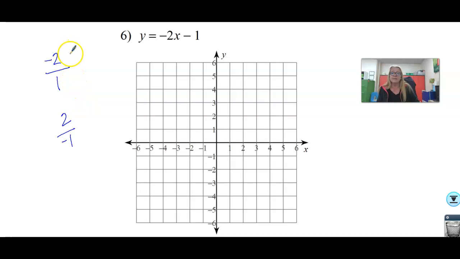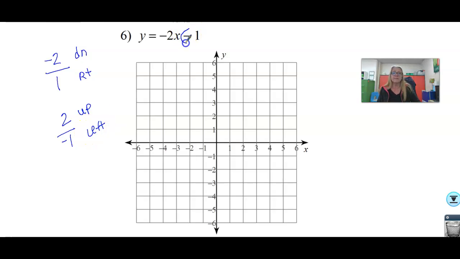The top number tells us up or down, so a negative is down. The bottom number tells us left or right, and the bottom number is positive, so that's right. The top number tells us up or down, positive is up. The bottom number tells us left or right, and the bottom number is negative, so it's left.